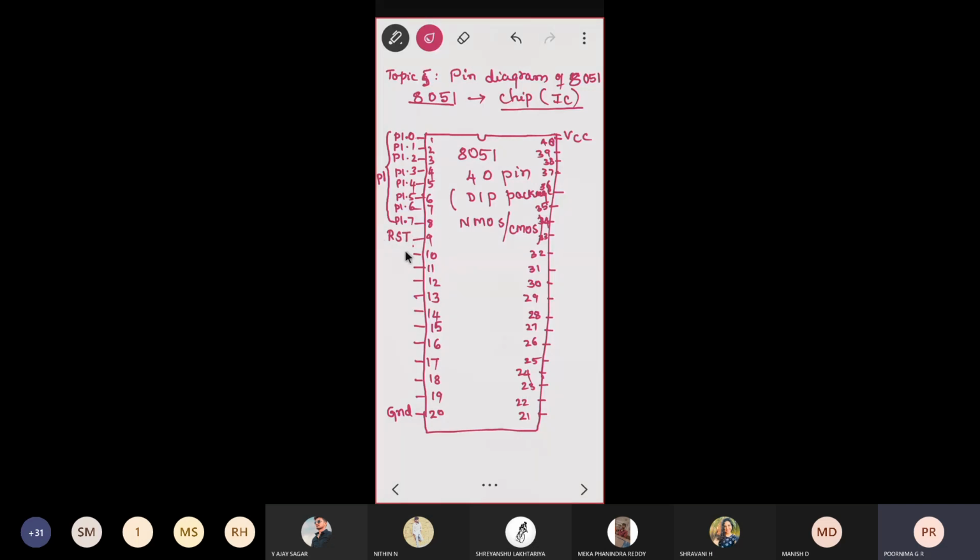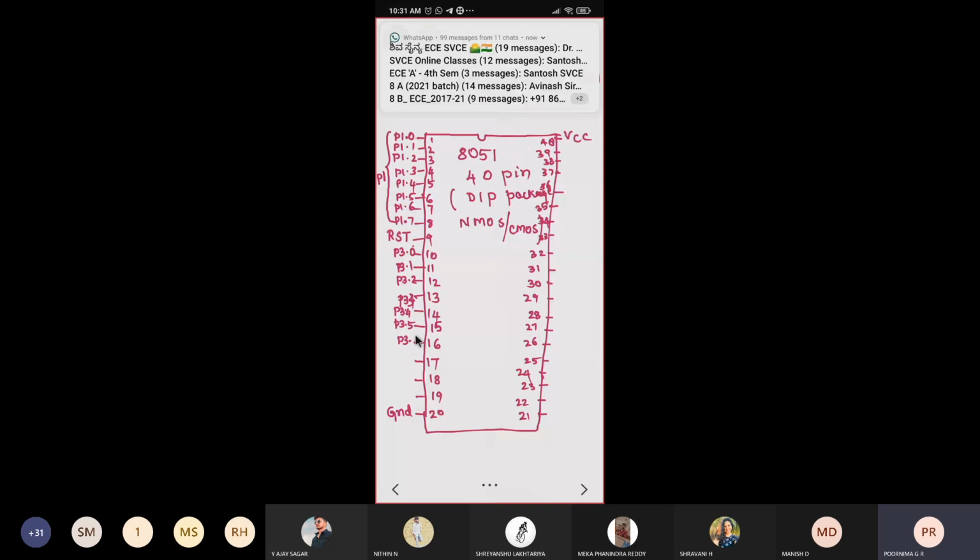The 10th pin is P3.0, P3.1, P3.2, P3.3, P3.4, P3.5. I've shared the notes, you can refer to them, but you can listen.